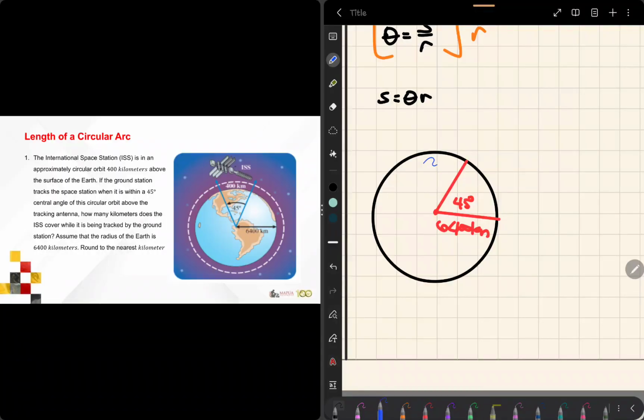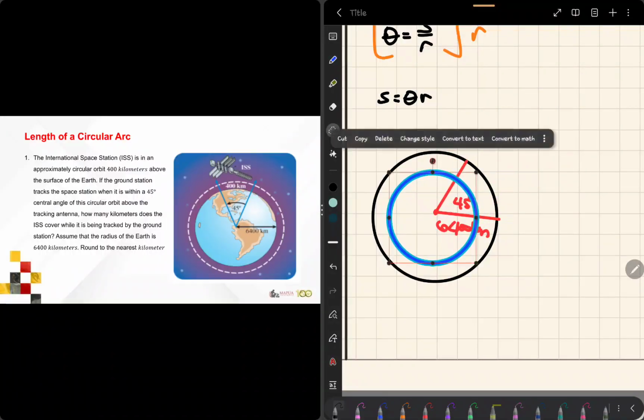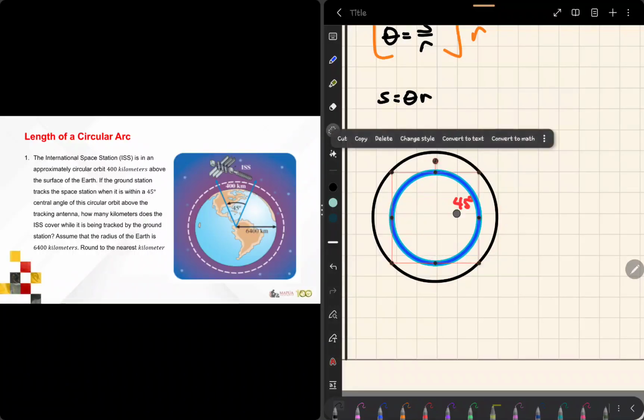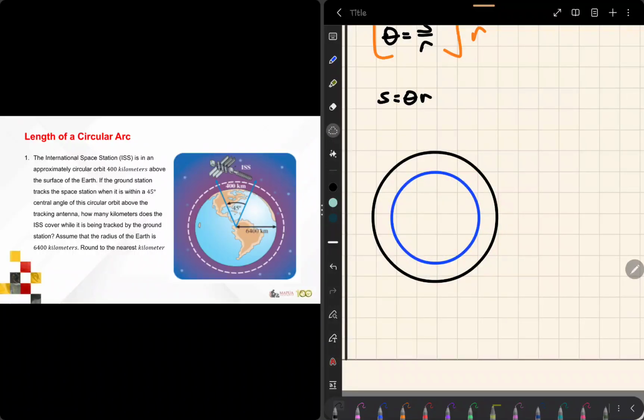So for example, let's try to draw a blue circle. This blue circle represents our Earth. Sorry, this is wrong. Let's put our label properly. Again, it is stated in the problem that the radius of the Earth is approximately 6,400 kilometers.